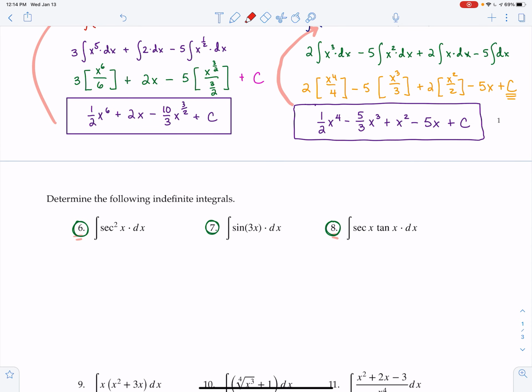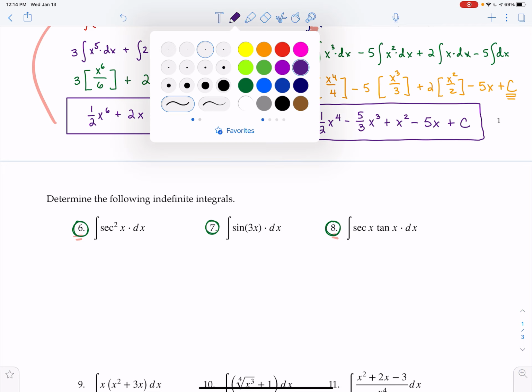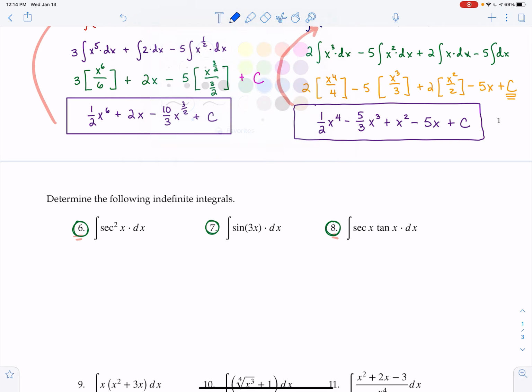Now, with trig, there's not a simple, oh, if you see this, then you automatically do this. It's more of a thinking game. You need to think, oh my gosh, was there a derivative of a trig function that gave me secant squared of x? And actually, there was.